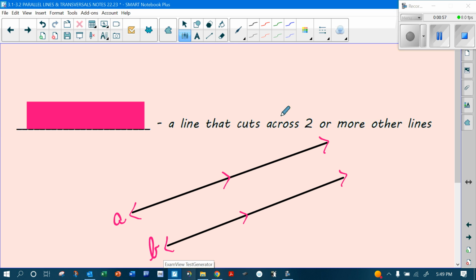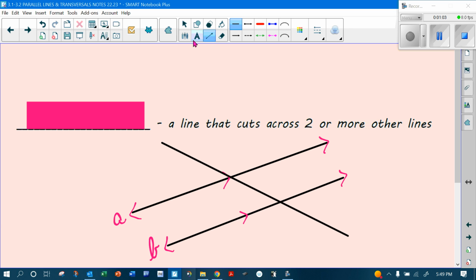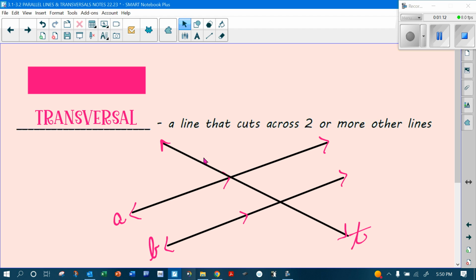Now, what about a line that cuts across two or more parallel lines? If I were to take a line and cut across like this, I'm going to call this line T. This line is known as the transversal.